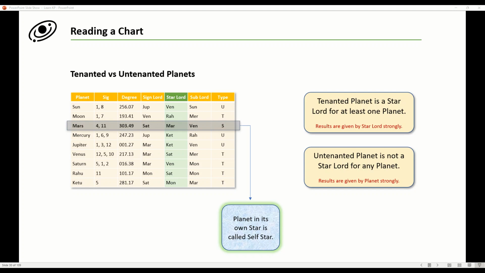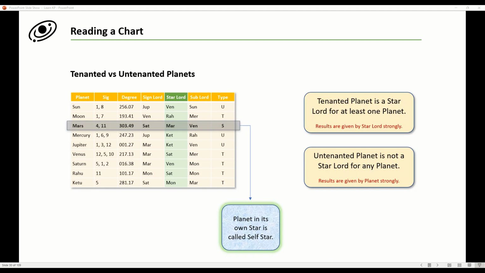Now, having understood the logic behind tenanted, untenanted and self-star planets, let's see how they deliver results. As you can see here, in the case of a tenanted planet, the results are given by the star lord very strongly. And in the case of an untenanted planet, the results are given by the planet itself very strongly.